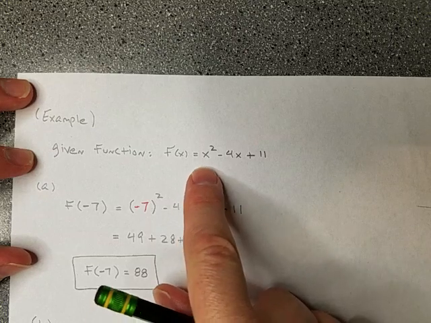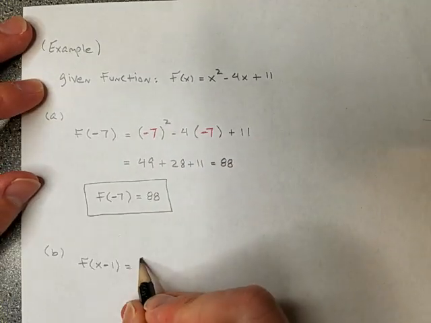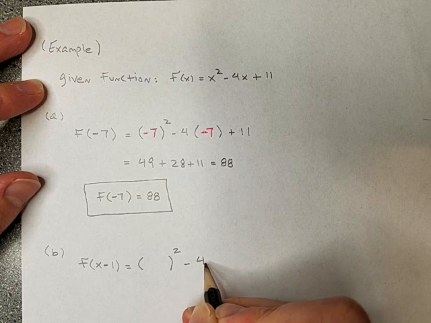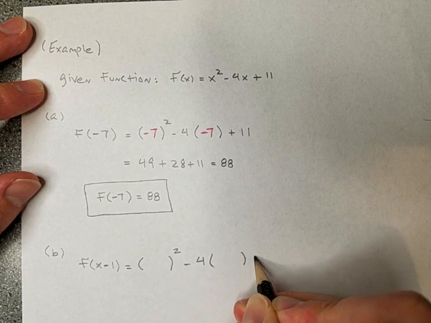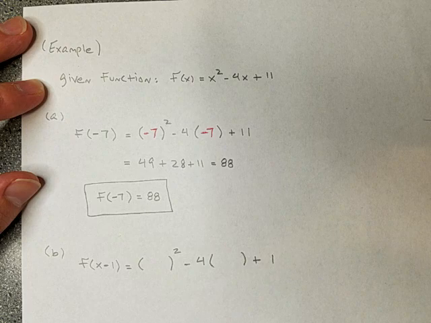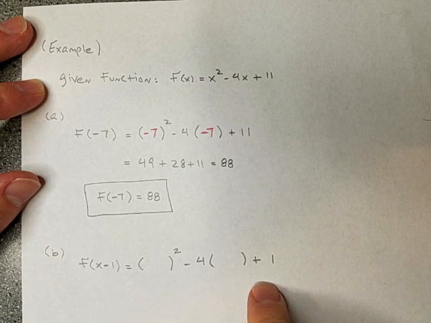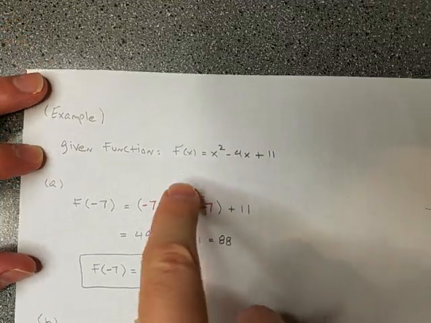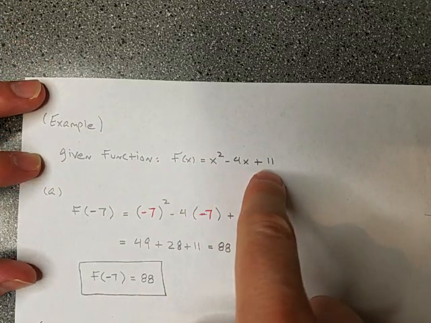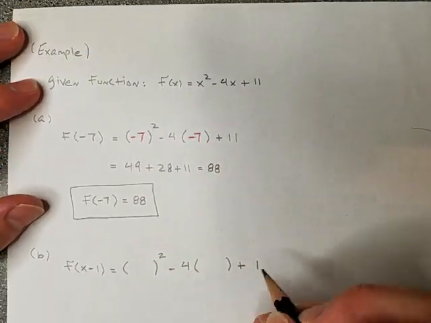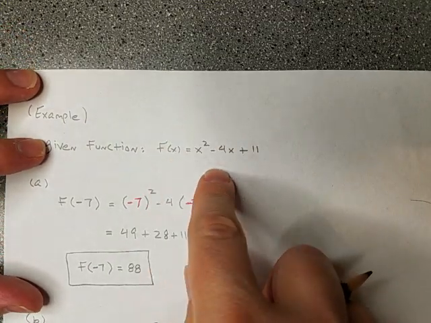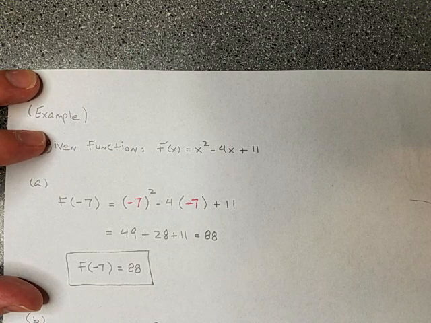So I'm going to take this and I'm going to put x minus 1 as my input, okay? So here's the function, right? X squared minus 4x plus 11, sorry. Would you agree? What does the x represent in the function? It represents where the input would go.